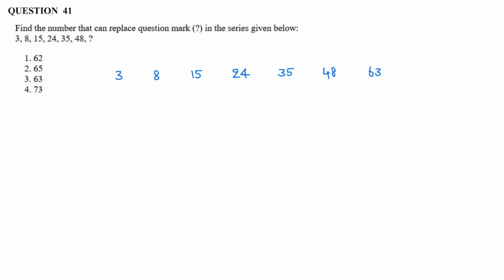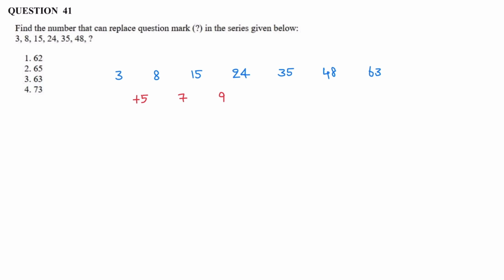Next question. Find the number that can replace the question mark in the series given below. The first term is 3, second term is 8, third term is 15. So add plus 5 here, 3 plus 5 is 8. Next, for 8 to 15, the difference is 7. For 15 to 24, the difference is 9.